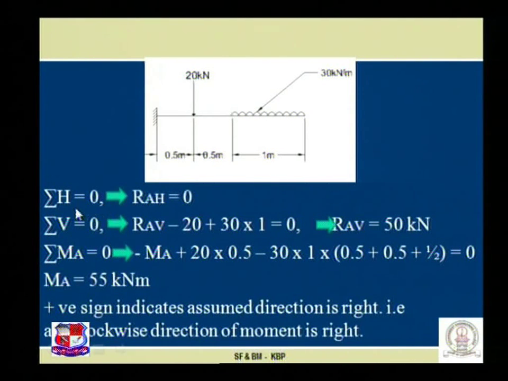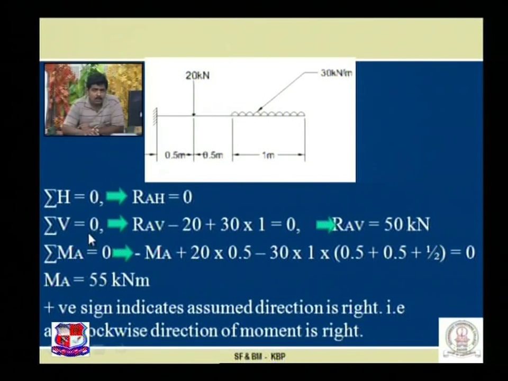The first condition, sigma H is equal to 0. For the given beam no horizontal force is acting along the system, so RAH, acting at point A, is equal to 0. The second equilibrium condition, sigma V is equal to 0. RAV I have assumed upward, and the upward sign convention for vertical forces we treat as positive, so plus RAV.